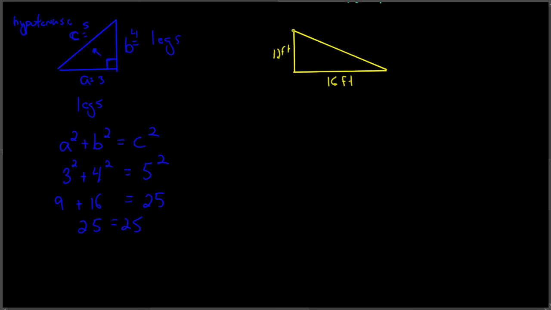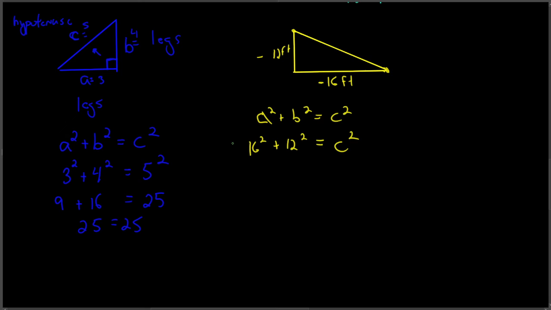One of the things I could ask myself is, how far is it from here to here? We can think of this also as a distance, right? A straight line distance. So what I want to know is a squared plus b squared equals c squared. Well, I know a and b. So 16 squared plus 12 squared is equal to c squared.